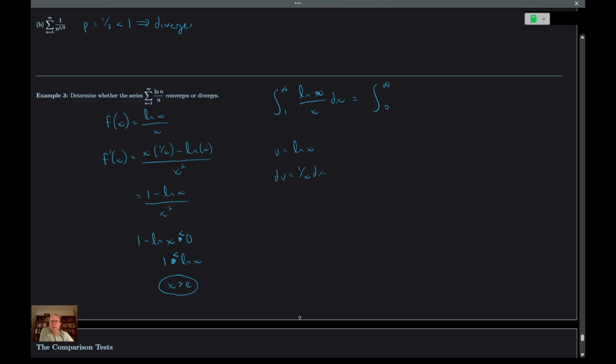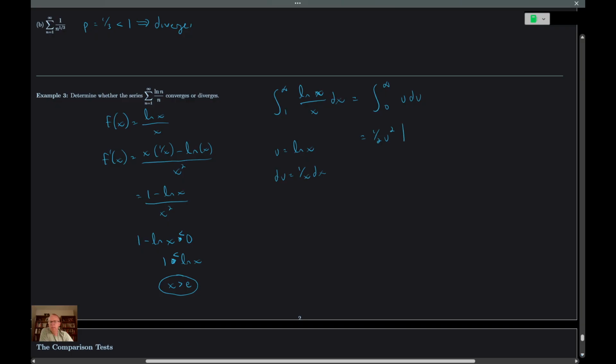And we get just u du. So we get 1/2 u squared. And so this is going to go to infinity. We can work out the limit if we like, but this is going to go to infinity, which tells us that this series diverges. So the integral diverges, so the series diverges.